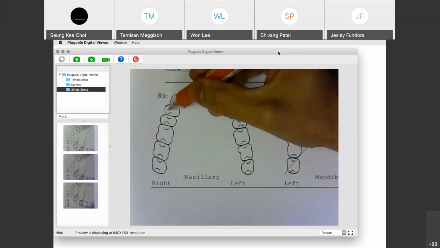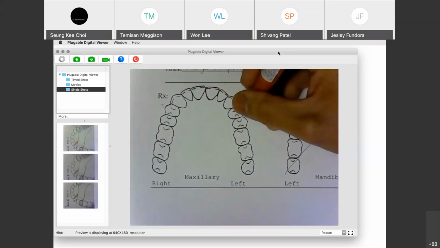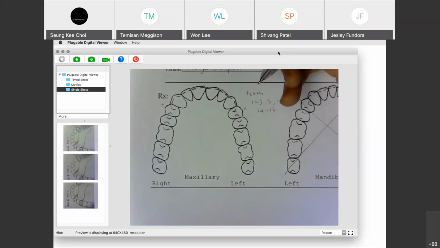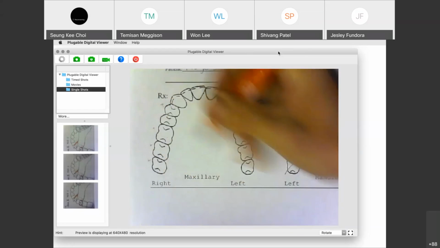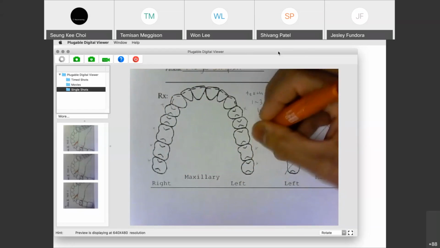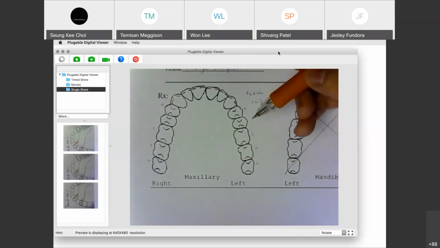When I was a student, I used to do this. I mean, if you do this, please erase them if you can. But we're also asking you to draw the design in colored pencils, which I find a little bit difficult to erase. So if you're going to make little notes, little scribbles, it starts to get really messy. That's the other thing. We want neatness in your lab prescription or work authorization.